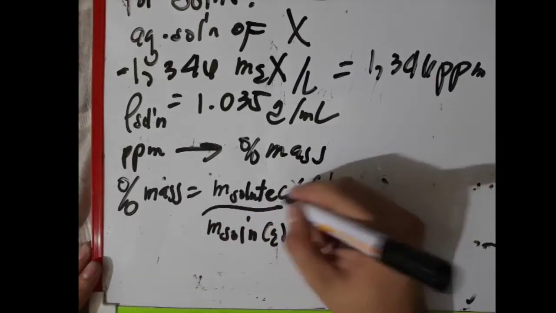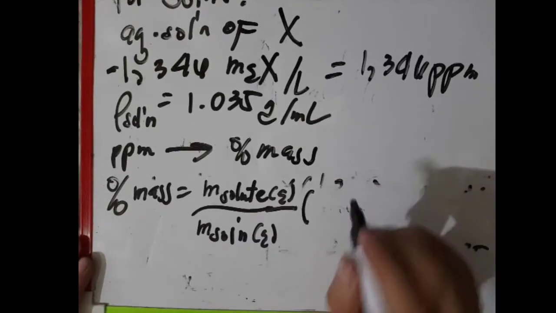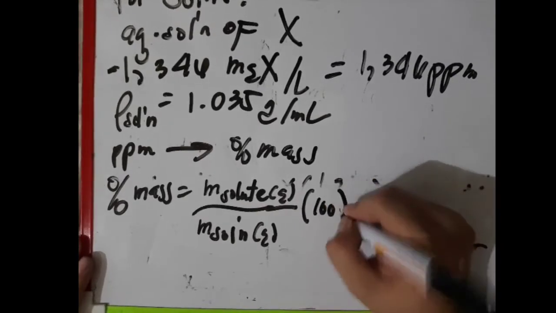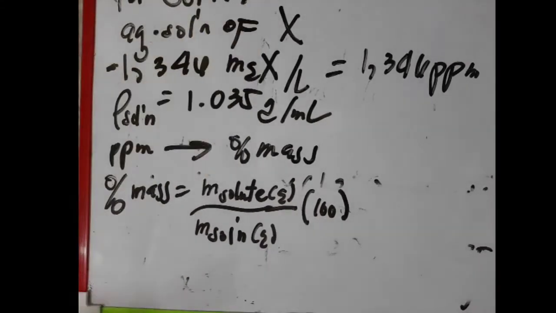We have to be very careful with our units, that the mass of the solute and the mass of the solution should have the same unit. I know I've said this before, but I would like to stipulate this again, because this is one of the common mistakes when you're trying to convert one unit of concentration to the other, and vice versa.